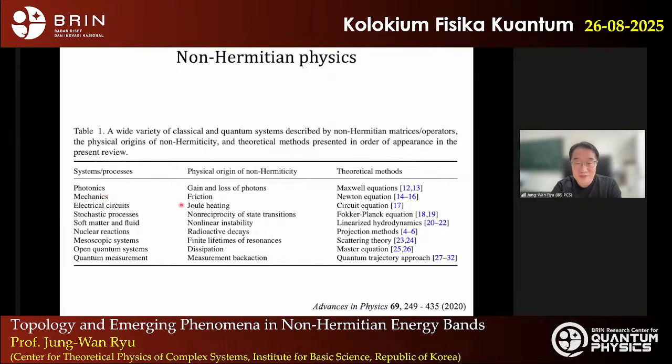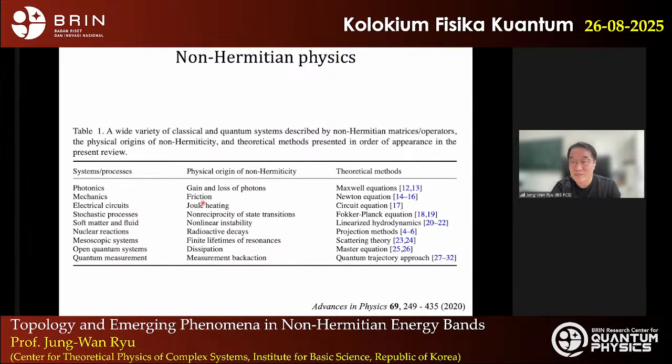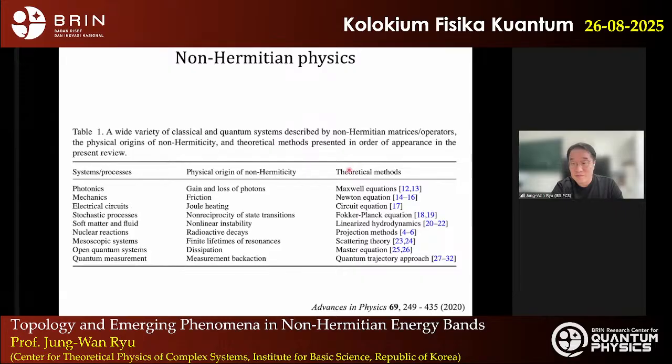In mechanics, friction can make the system non-Hermitian. And in open quantum systems, dissipation can make the system non-Hermitian. Using this kind of non-Hermitian effective Hamiltonian, we can make our equation non-Hermitian. Okay, this is a summary of recent non-Hermitian physics studies.